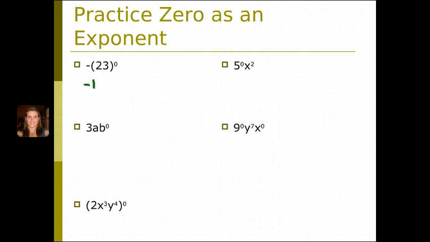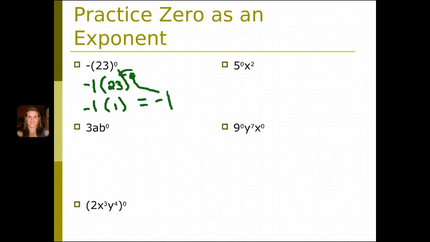So the problem is -1 times 23 to the 0 power. The only thing being raised to the 0 power is the 23, because the 23 is inside of your parentheses. Therefore, you have -1 times 1, which is simply -1.